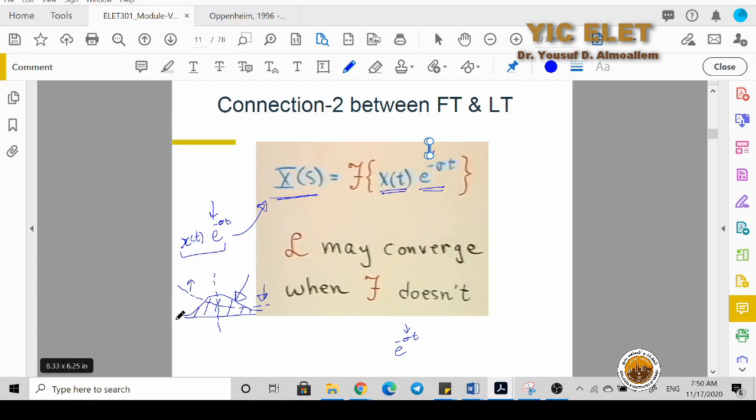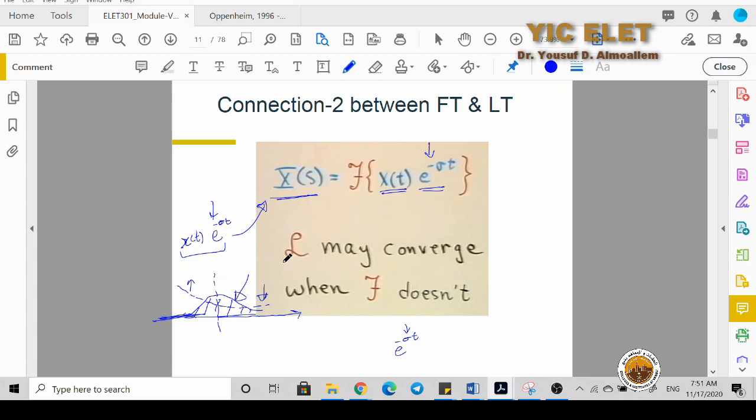If at the left side it was equal to 0, then this would help push the function towards the x axis and make it even converge.